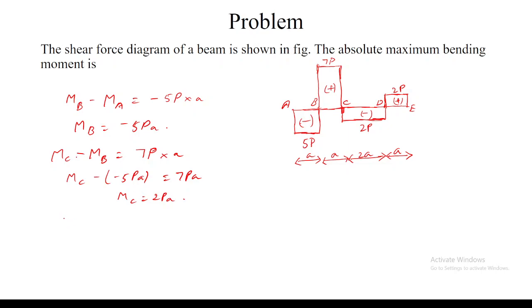Then what about the MD value? Moment at D? Minus 2PA. Okay, let us see. MD minus MC is equal to minus 2P into A. MD is the unknown here, and MC is 2PA, which gives MD equals 0.